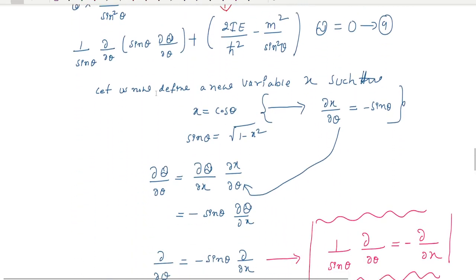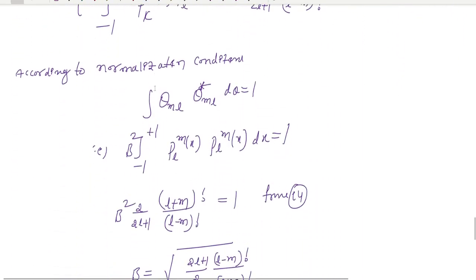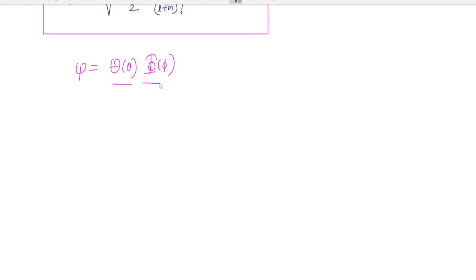So the total wave function of our system is psi equal to theta of theta and phi of phi, right? That's why we solved the two solutions.